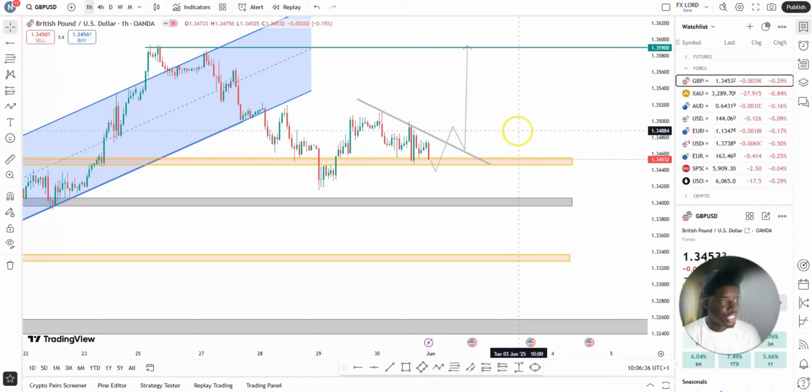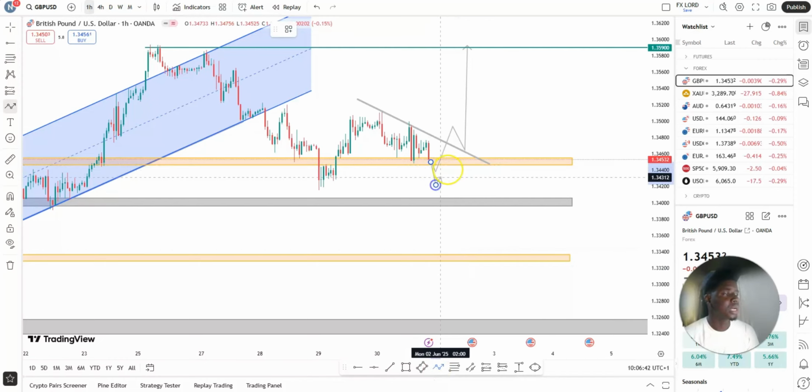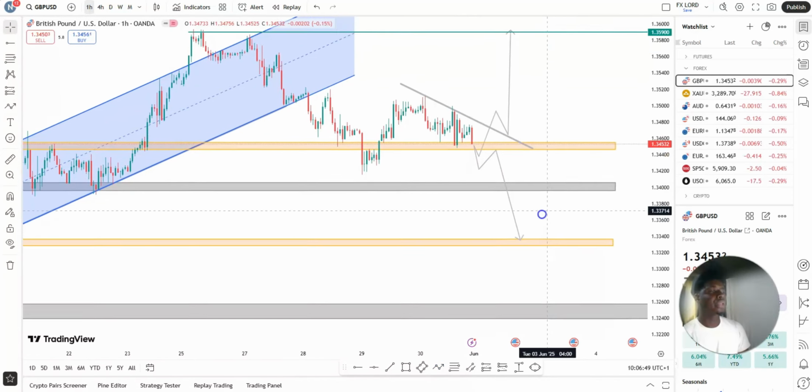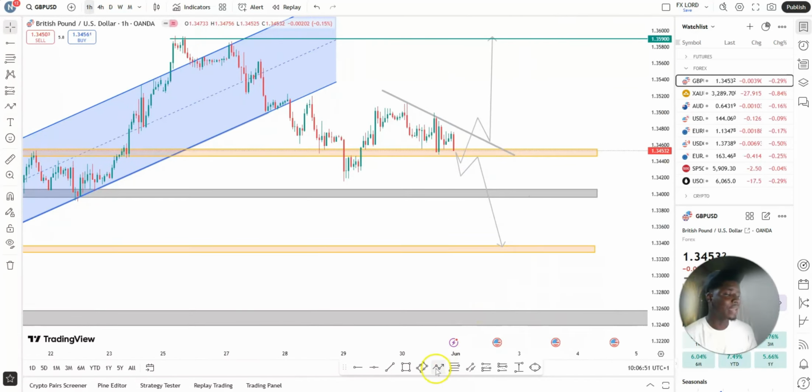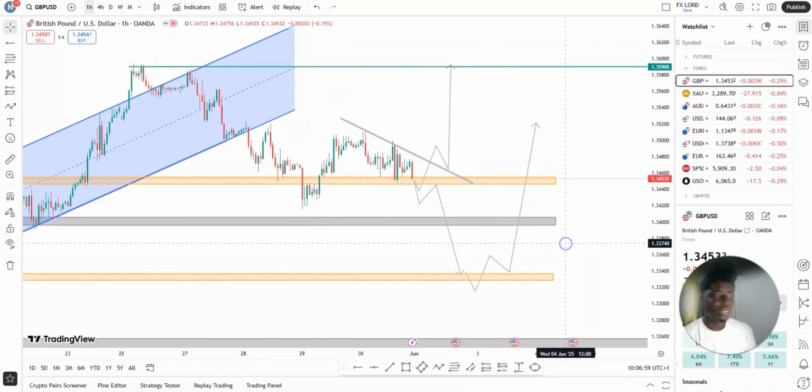So the bearish scenario on GBPUSD is the market reacting, just coming down here a bit, retesting this level and breaking all the way down here. Then we can find footings and go back upward. But I'm not very much looking for something like this.